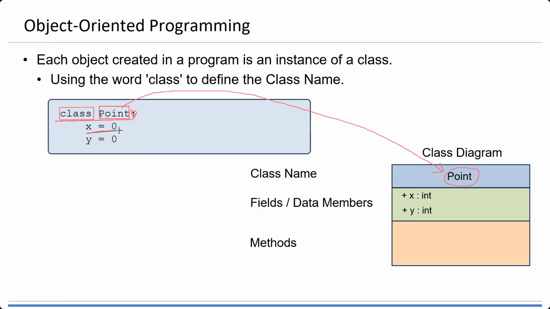Next, I have a variable x. x starts with 0 and y starts with 0. So I can define this attribute here. So I have the variable x and I have variable y. Those two variables are integer. How do you know that those are integers?